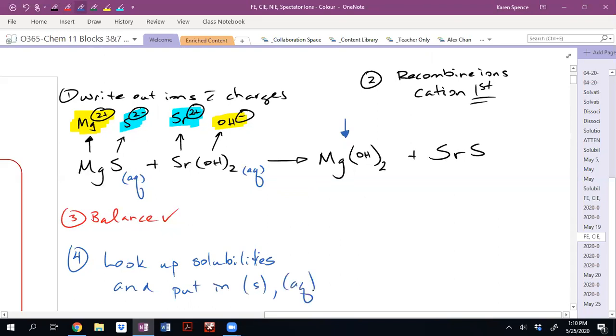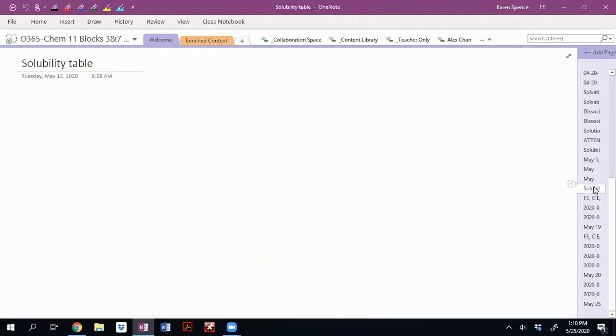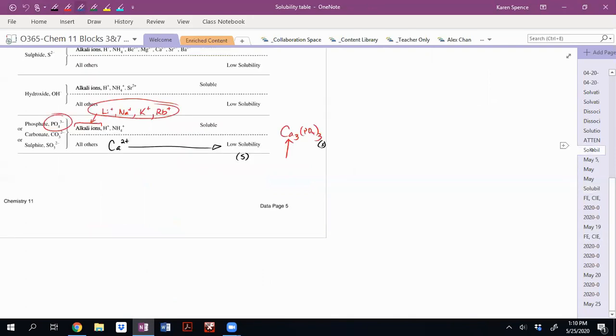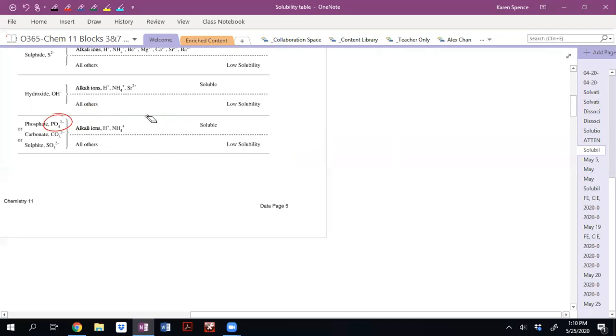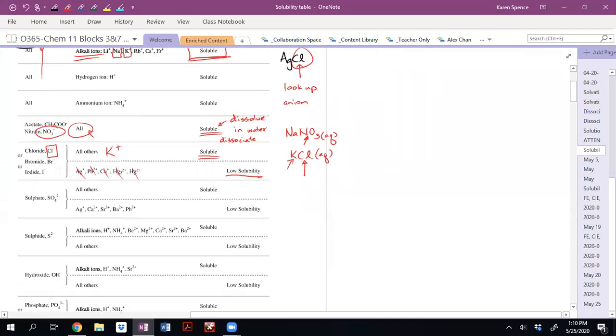So if we go to our solubility table here, I think this is it. No, it says solubility table, but there is no solubility table. Let me find it. That one. Oh, excellent. The compound we came to look up was magnesium hydroxide, Mg(OH)2.